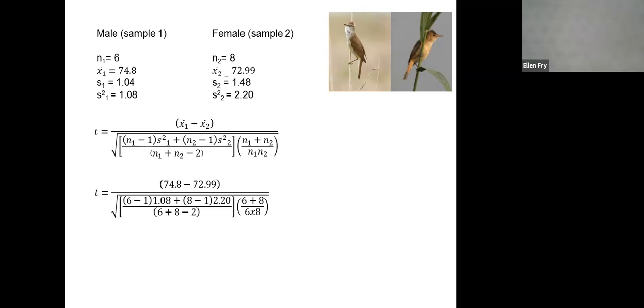So first, we solve everything inside the brackets. And remember, if you have brackets and then a number, you see this, so 6 minus 1 in brackets and then 1.08, you would do 5 multiplied by 1.08.